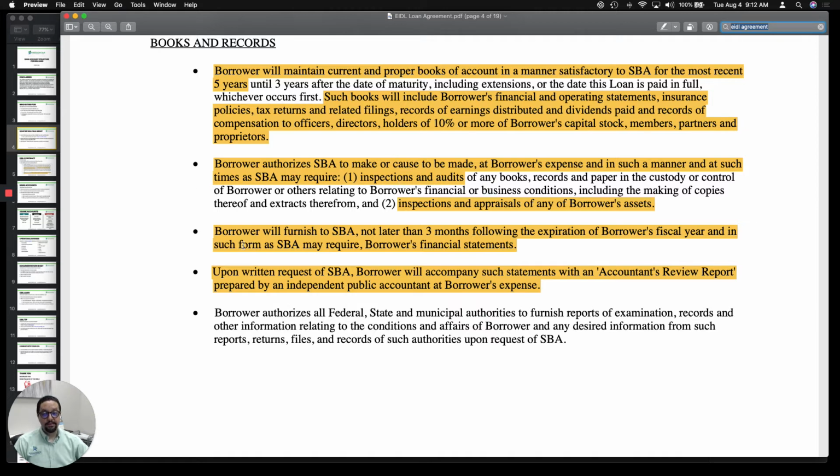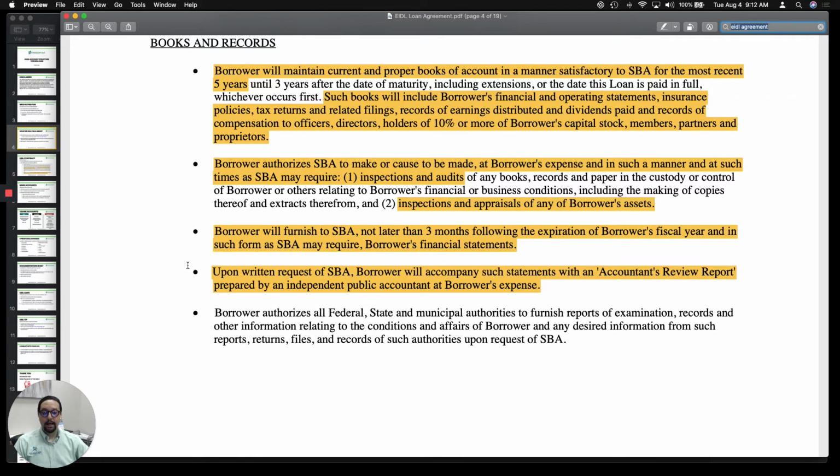It says here also in this sentence that you will furnish to the SBA no later than 3 months following the expiration of your fiscal year, and in such form as the SBA may require, your financial statements. Upon written request, the SBA will tell you to give them statements with an accountant's review report prepared by an independent public accountant.